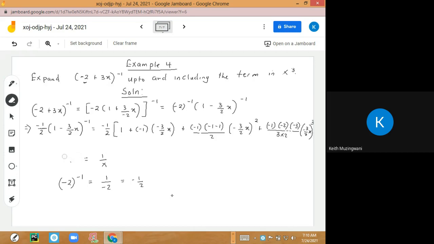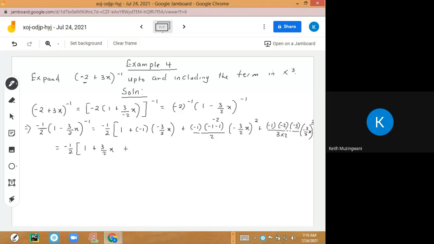Okay. So whenever the power is negative, you are able to make that power positive by taking that whole thing in the denominator. Now we have the negative half outside still, then we simplify inside. So we have 1, negative 1 by negative 3 over 2, we'll have positive 3 over 2x, and then plus, we have negative 1 by negative 2, because this is the same as negative 2 here.